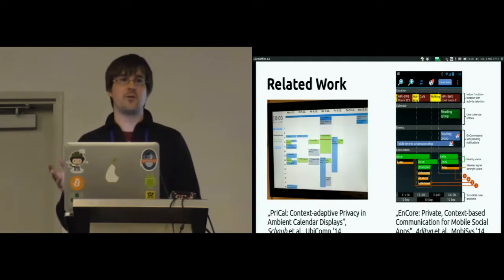If more than one person is present, some events are selectively grayed out to just indicate that there is an event, but not the actual contents of the event. Of course, this requires quite a lot of pre-installed infrastructure, and it also requires people to sign up for this service beforehand. So if some visitor is present who doesn't use the service, then it doesn't actually help people to find an appointment.